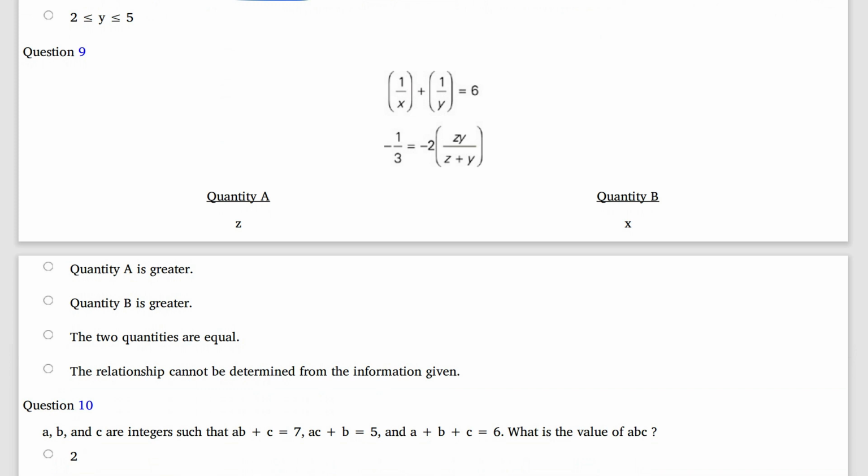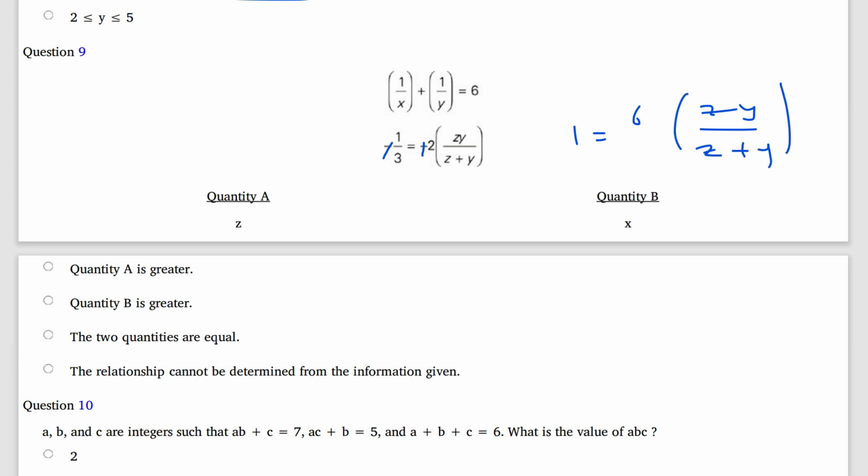So I'm going to cancel out the minuses straight away and multiply both sides by 3. So we get 1 equals 6 and then that bracket of zy over z plus y. And that looks a lot easier to me.